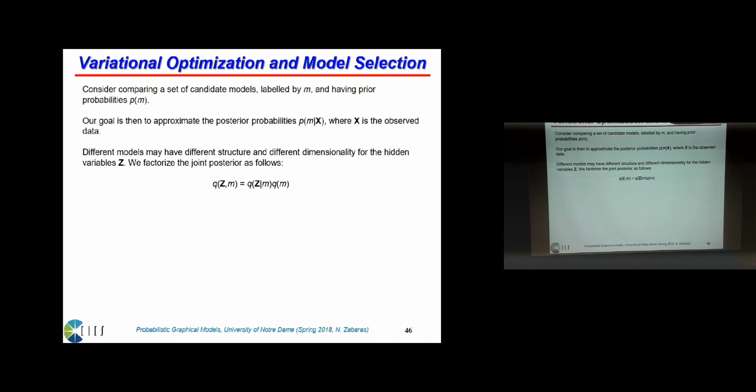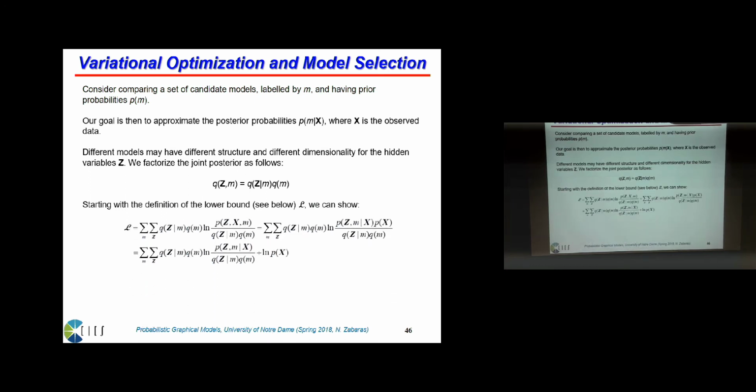So when I define a variational approximation of the posterior of Z and M, I write it as follows: some variational distribution of Z given M, which is an approximation of the posterior of the Z variables from model M, times the posterior of model M.